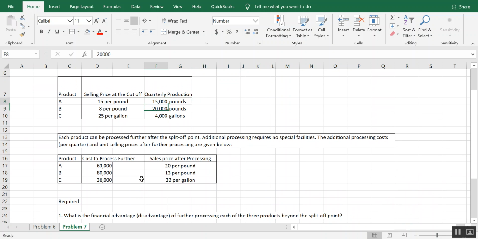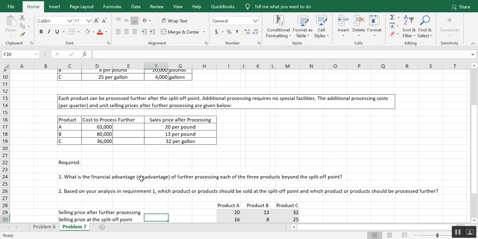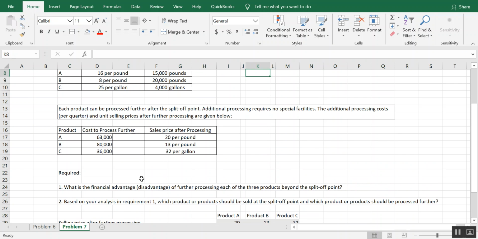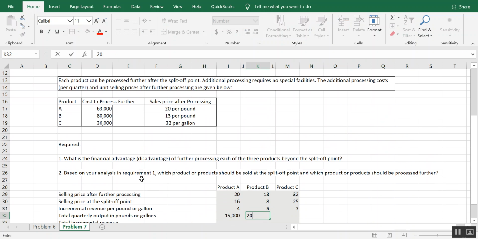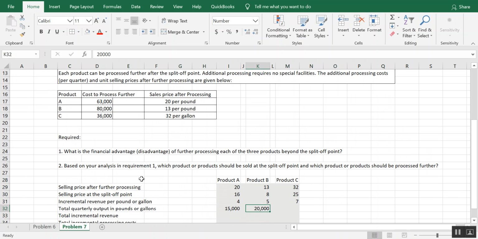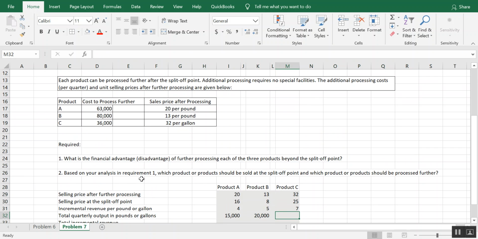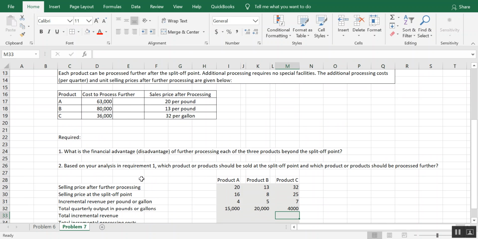What kind of revenue are we going to generate? So we'll take the quarterly production and put that in here for quarterly output. We have 15,000 pounds of product A, 20,000 pounds of product B, and for product C, 4,000 gallons.